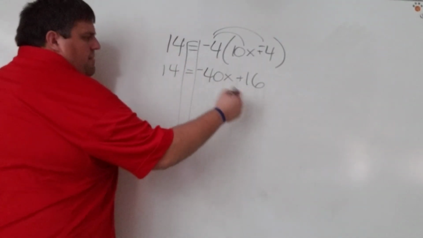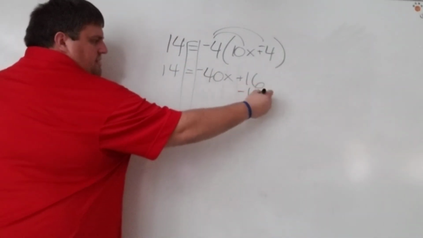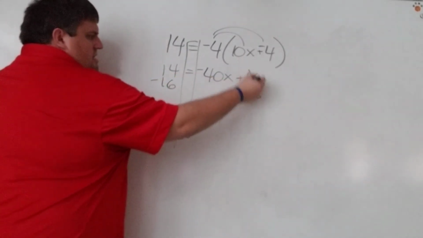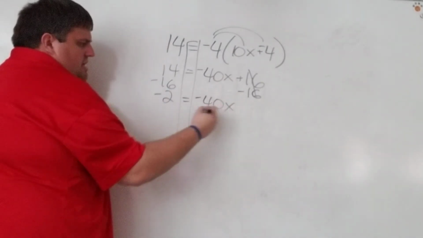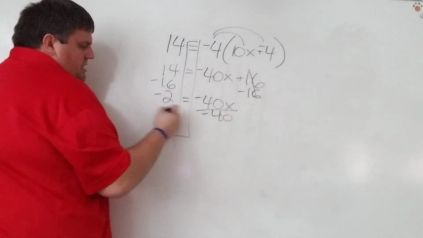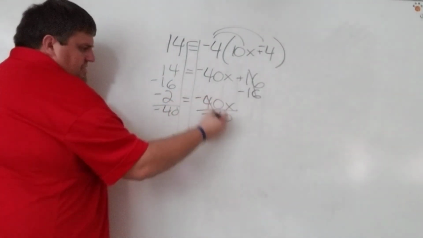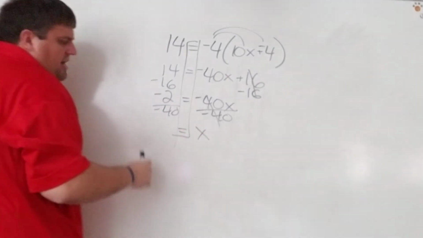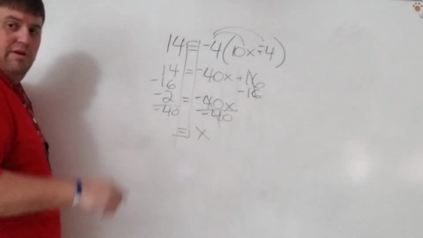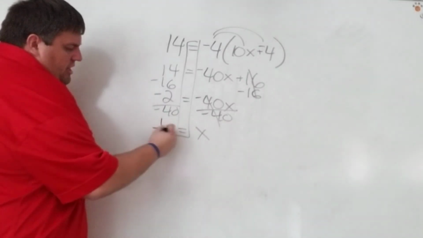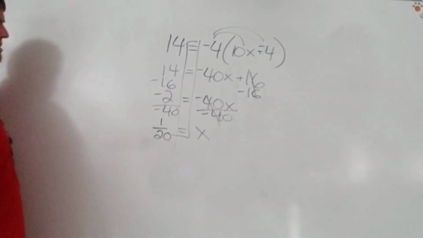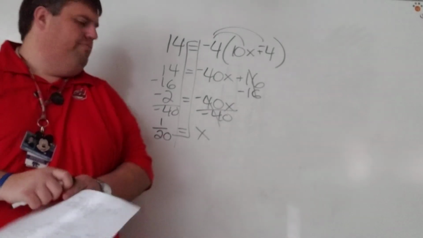And then it's two steps, so minus 16 from both sides. That's going to be -2 = -40x. And then divide by negative 40. That's going to simplify. It's definitely a fraction. If they're both negative, we know that means it's positive. And then 2 goes into both, so 1/20 is your solution.